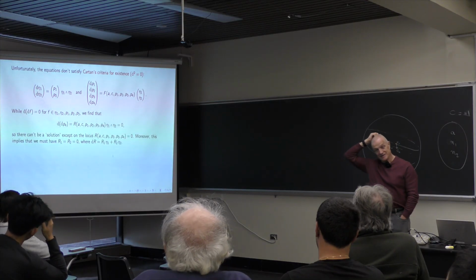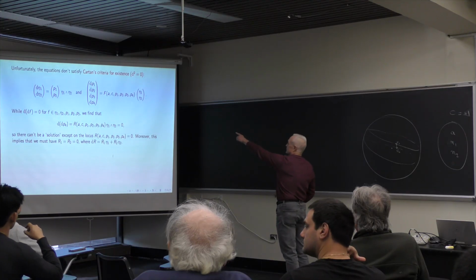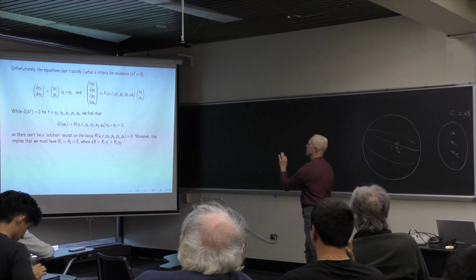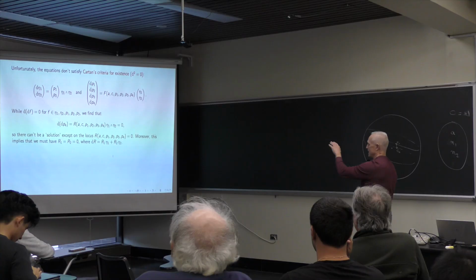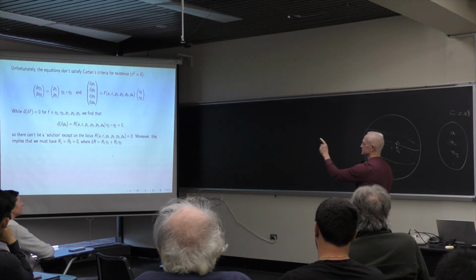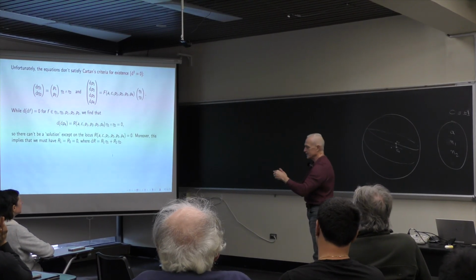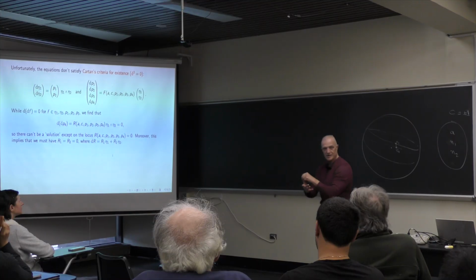So what's the statement? The statement is that using these formulas, this capital F has the property that if you just formally compute the exterior derivative of the exterior derivative of eta 1, eta 2, P1, P2, and P3, you'll get 0.